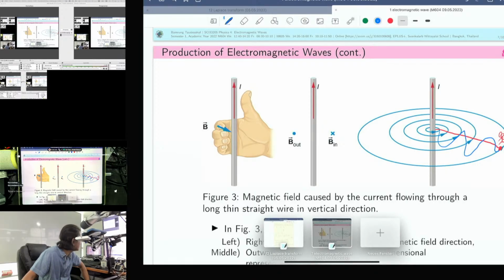We're gonna send Electromagnetic Wave to the end.